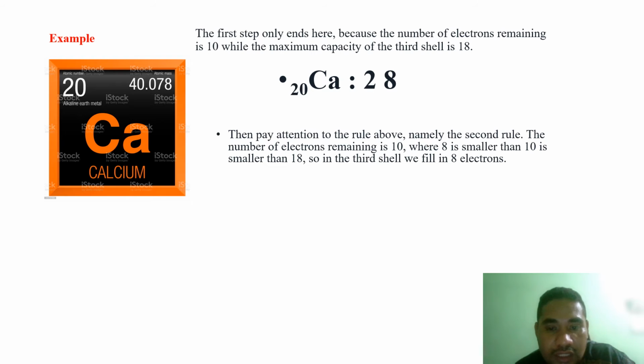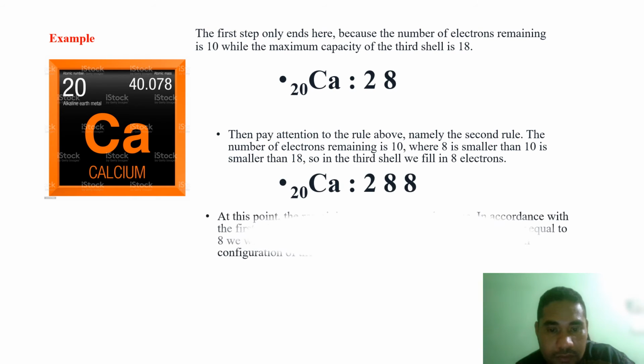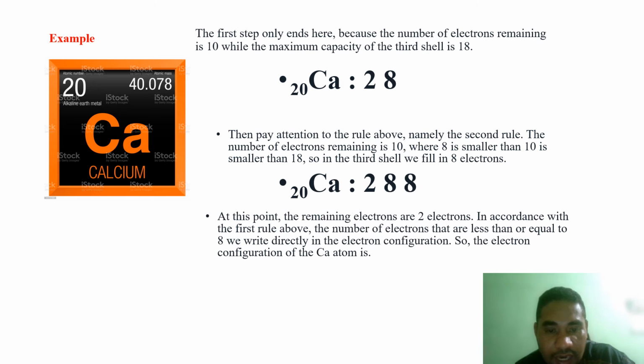So in the third shell, we fill in 8 electrons. Next, at this point, the remaining electrons are 2, in accordance with the first rule above, the number of electrons is less than or equal to 8. We write it directly in the electron configuration.